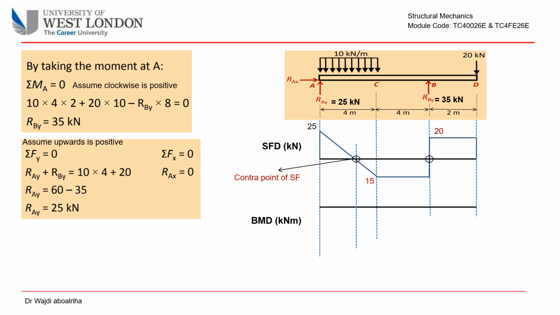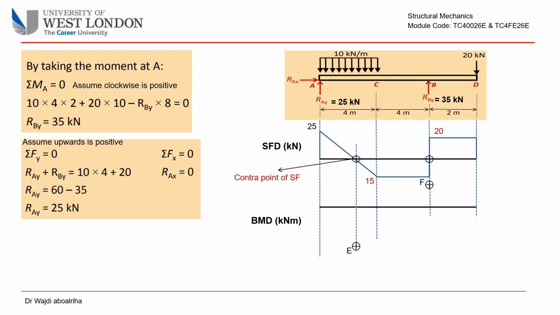Note that the maximum moment is where the shear force is 0. For this example, we have two maximum moments, one in the positive zone, point E, and one in the negative zone, point F.